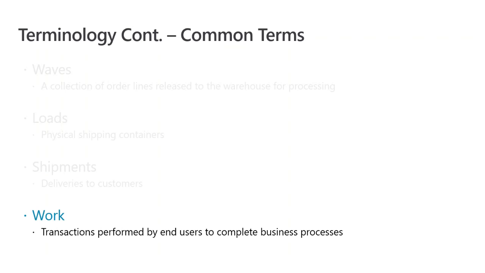And finally, work. And work is the transaction that is performed by an end user, typically on that warehouse mobile app, to complete any number of different business processes in the warehouse, from receiving to picking to shipping.